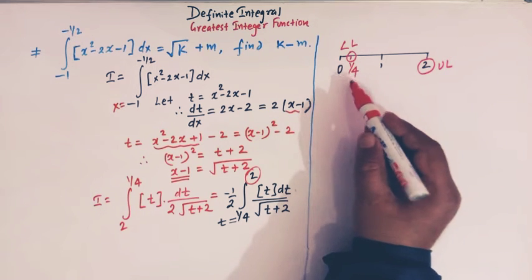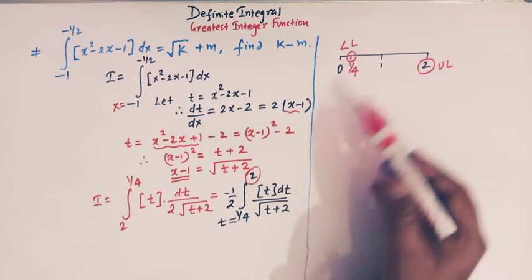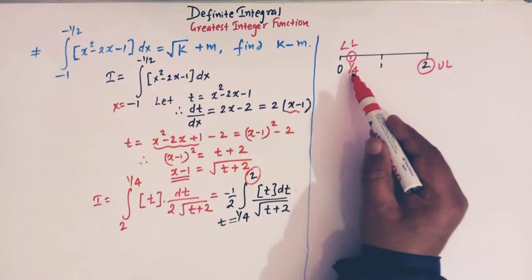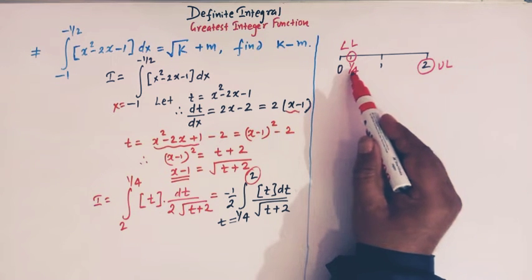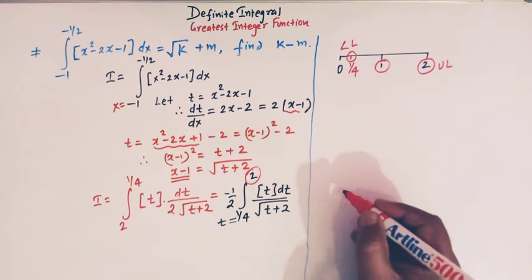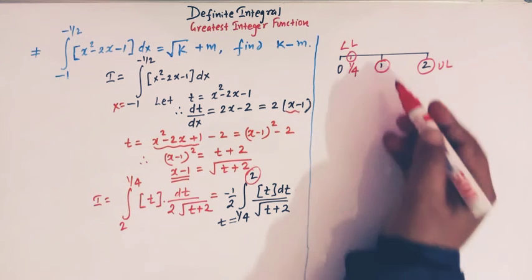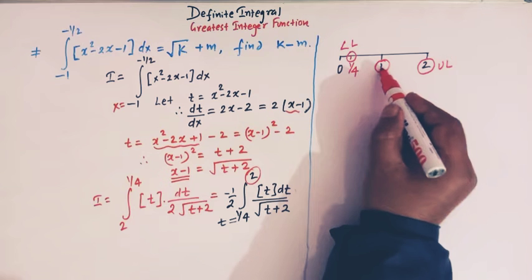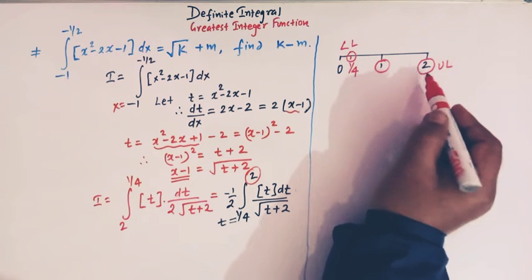Now we have to integrate from 1 over 4 to 2, and we see that between 1 over 4 and 2 we have the integer 1. So 1 lies between 1 over 4 and 2.